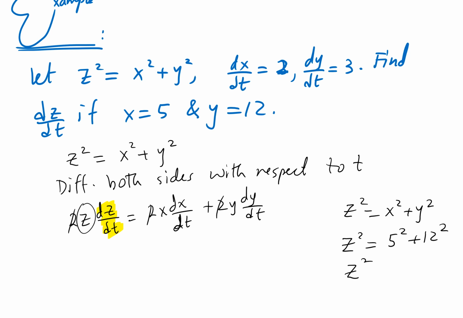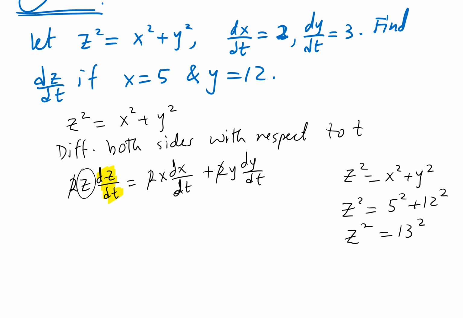So z squared would be 13 squared. So in this case, we are going to substitute z to be plus or minus 13. Don't forget the plus or minus 13.